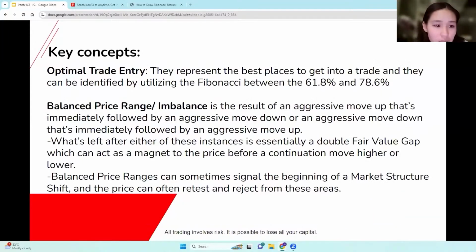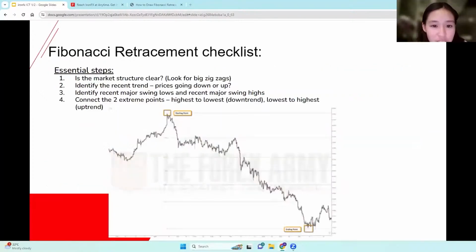Yeah, I was talking about optimal trade entry. The link that I've popped into the chat goes through the fundamentals of how to draw a Fibonacci, which I'll briefly go through here as well. So this is a Fibonacci retracement checklist. Firstly, is the market structure clear? We showed you previously how to identify a clear market structure.